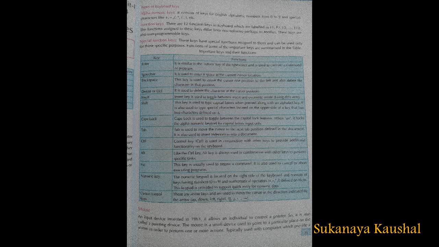The special function keys perform particular functions, like enter, space bar, backspace, delete, insert, shift, caps lock, tab, control, alt, escape, numeric keys, and cursor control keys. Each special function key has a different function on a keyboard.